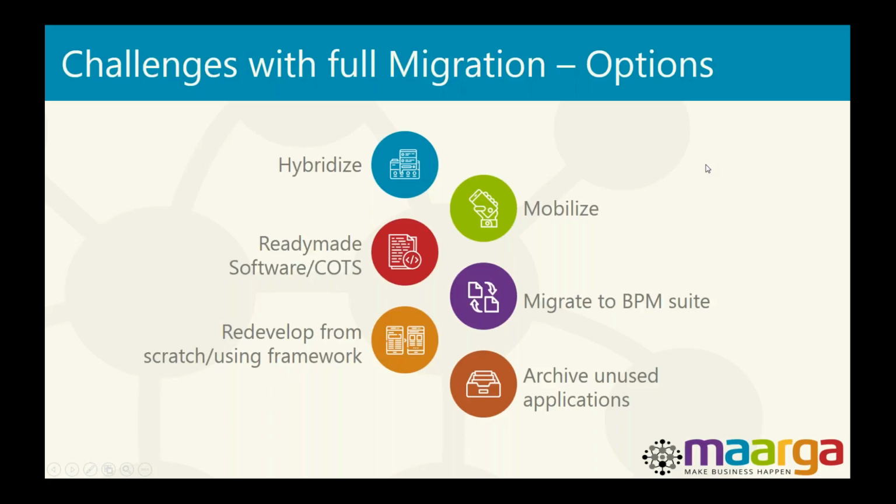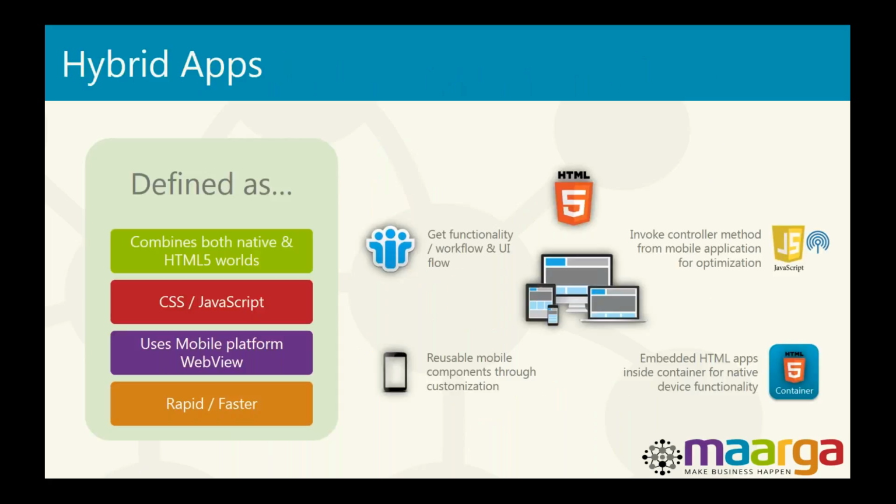But today we are going to concentrate on the hybridization methodology and how we achieve that. Before going into that, we're just going to look at what hybrid apps are, a small definition, a theoretical kind of move. Hybrid apps are a combination of the HTML5 world, with CSS and JavaScript involved, and, if needed for the mobile application platform, putting a native cover on it.